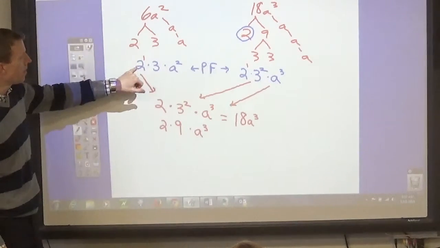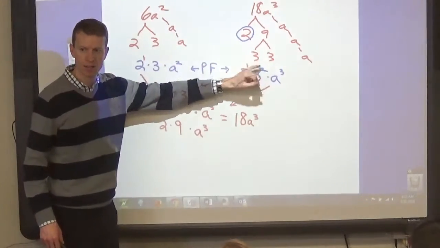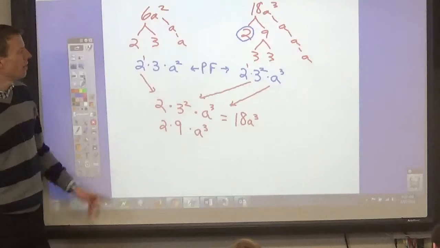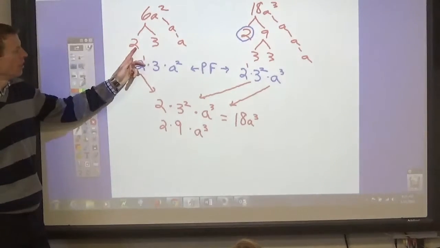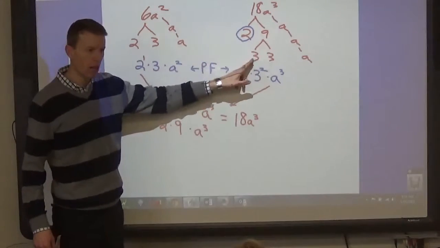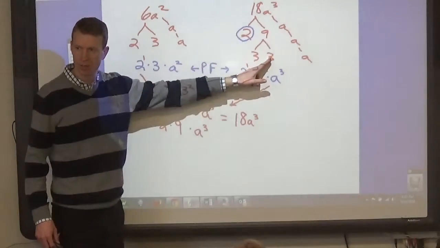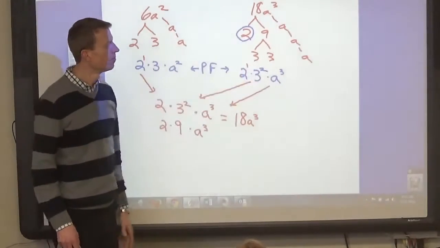So, in the formula, they both have 2's, and they both have 3's. They both have only one power of 2. And this one has 3 to the 2nd power. So we would use the greatest power.